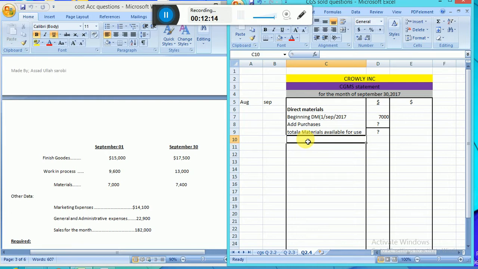Now, from the total material, today is the end of the month of September. So September will be finished and October will start. So we need to check whether in the month of September some material is left in the store or not.